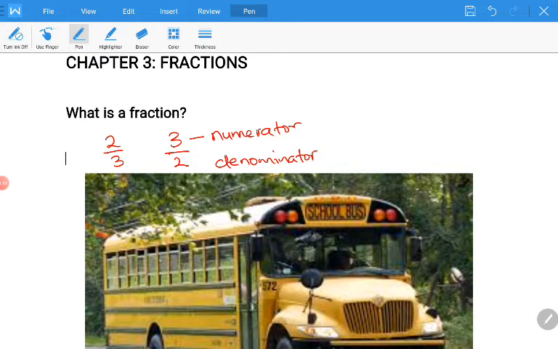So our fractions have a numerator and a denominator. If we have such a scenario that the numerator is bigger than the denominator, it's an improper fraction, and it will be representing not only a part of the whole, but one or more whole numbers and a fraction.